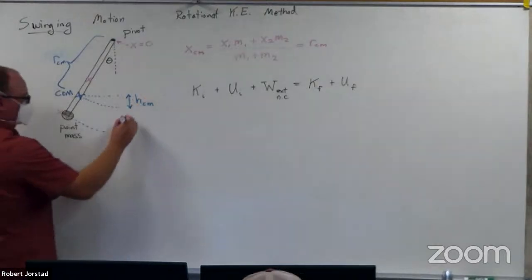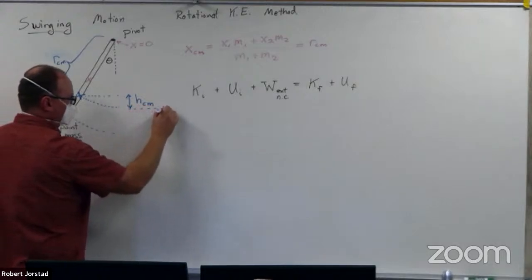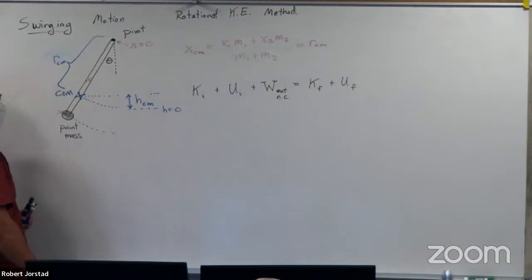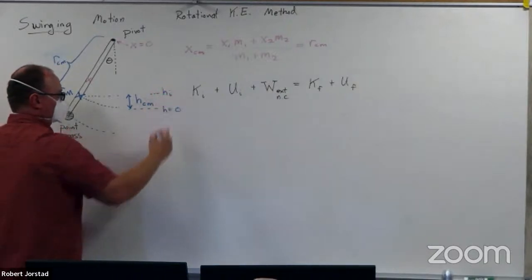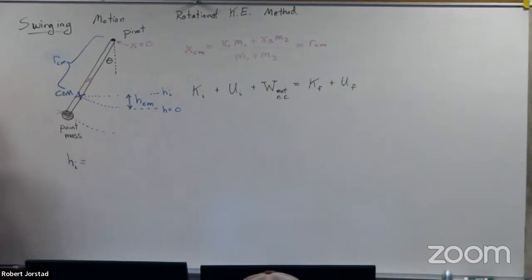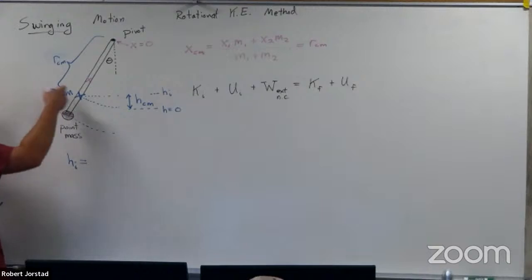So we would typically call this height equals 0, and this one would be height initial. Does anybody remember the quick shortcut for figuring out height initial for an object curving in this circular motion?